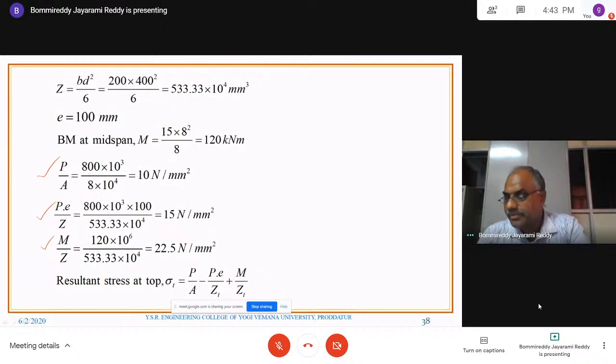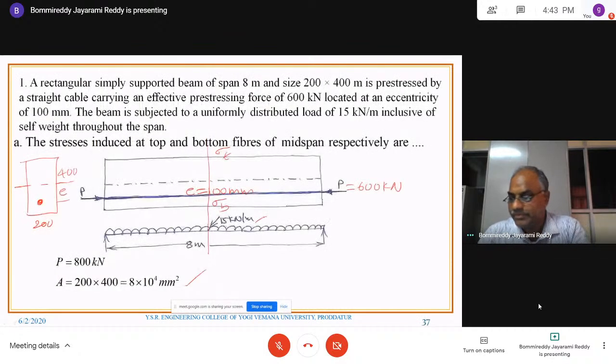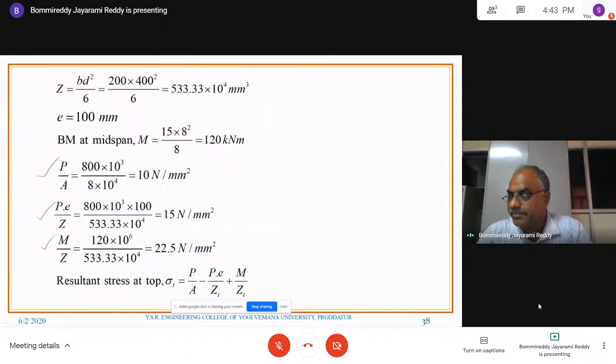Area, so calculate the area. Eccentricity is given. Z is bd square by 6, and it is known. And M is WL square by 8, that is also known. Substitute and get P by A, P e by Z, M by Z, and these are the three values.